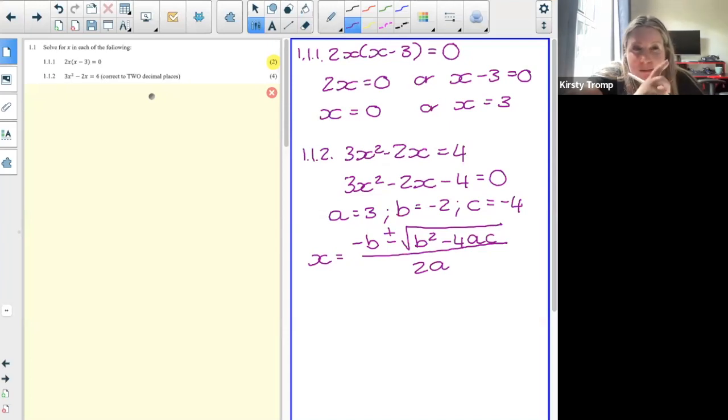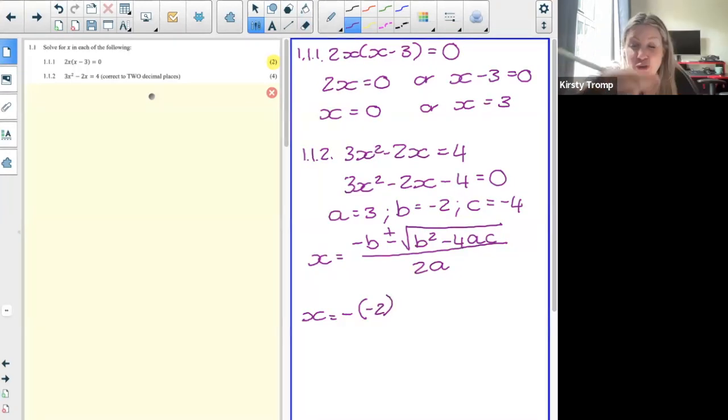Be careful. I see somebody saying they tried the quadratic formula and they got undefined. There might be a reason for that, and I'm going to show you usually what the reason might be. When you put this into your formula now, you're going to have negative, because x equals negative b. And what is b equal to? B is negative 2.